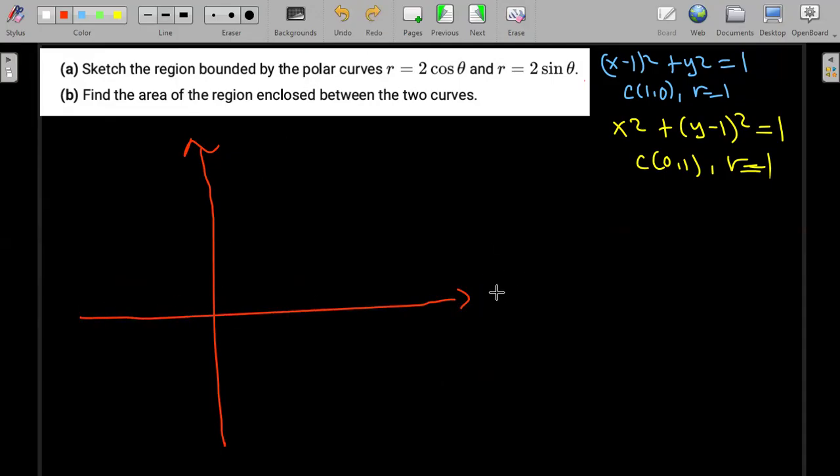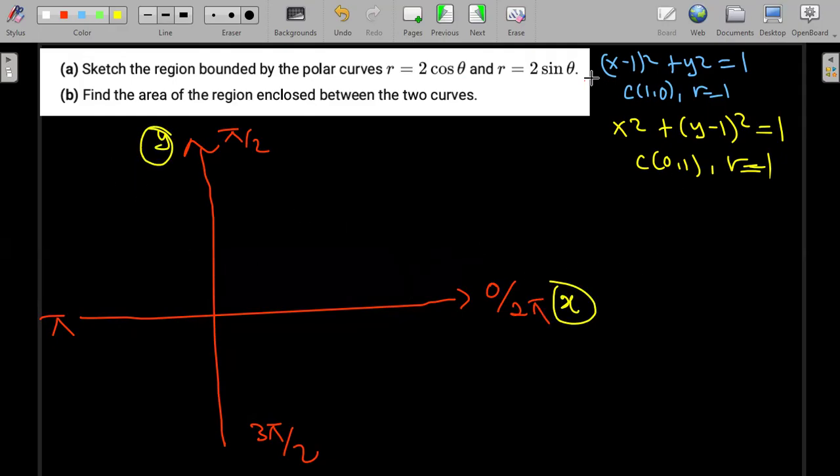We know that this one is 0 or 2 pi, this one is pi over 2, this one is pi, and this one is 3 pi over 2. Let's also consider this as the x-axis and this one as the y-axis.